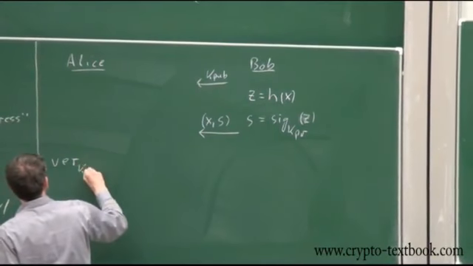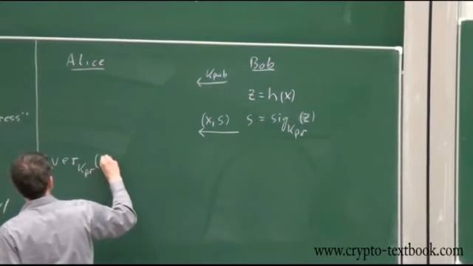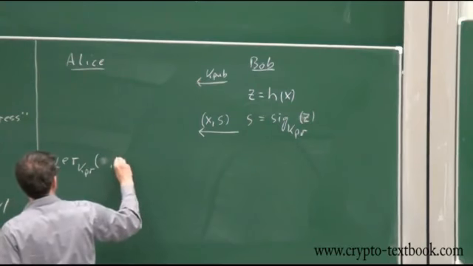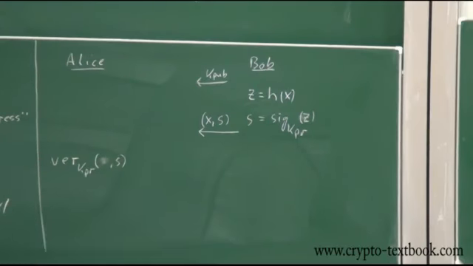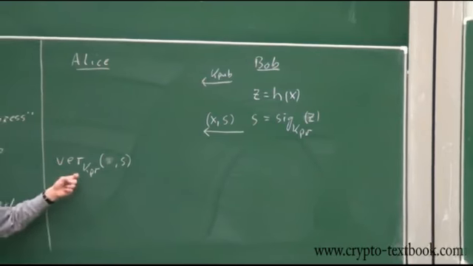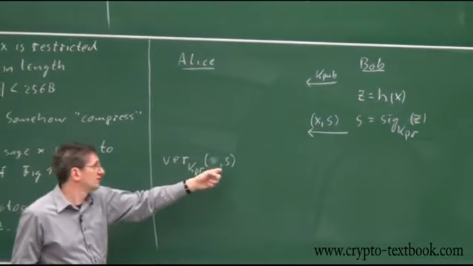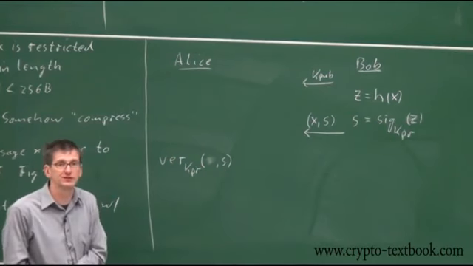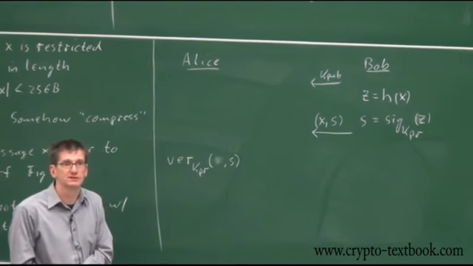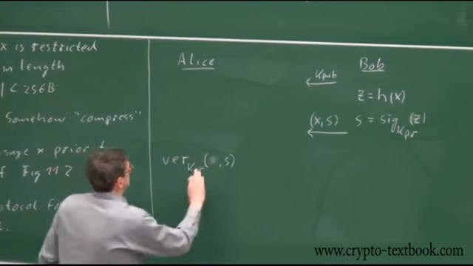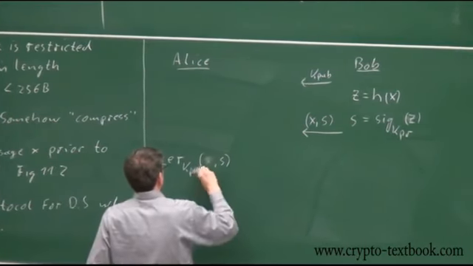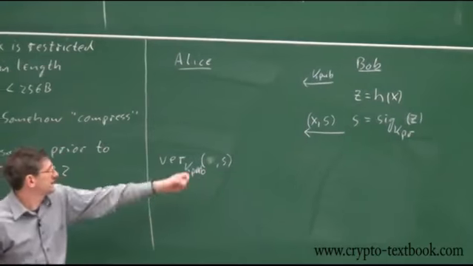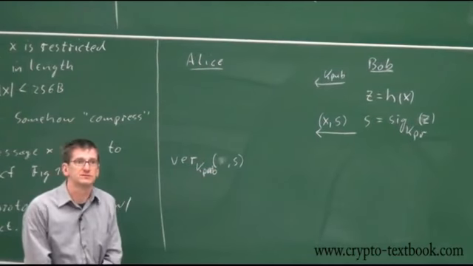Alice verifies using Bob's public key. What are the inputs for the verification algorithm? Obviously S. What is the other input? What do we have to feed into the... Very good. What is the other input for the verification function?